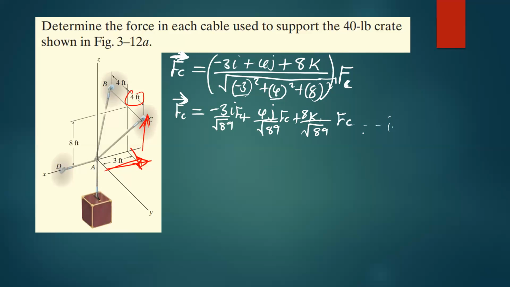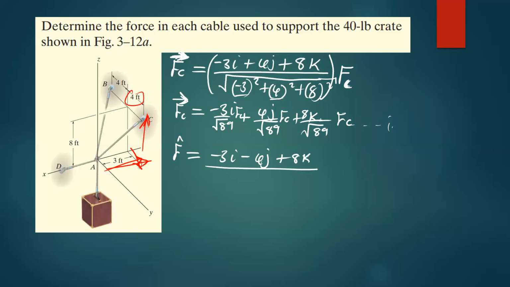Before we start naming the equations, let me just say this is the force in this cable. Then we also find the force in the cable B. We do the same and first find its unit vector. We have negative 3i, and its y component is negative, so we have negative 4j because it's going towards the negative side, and then positive 8k.